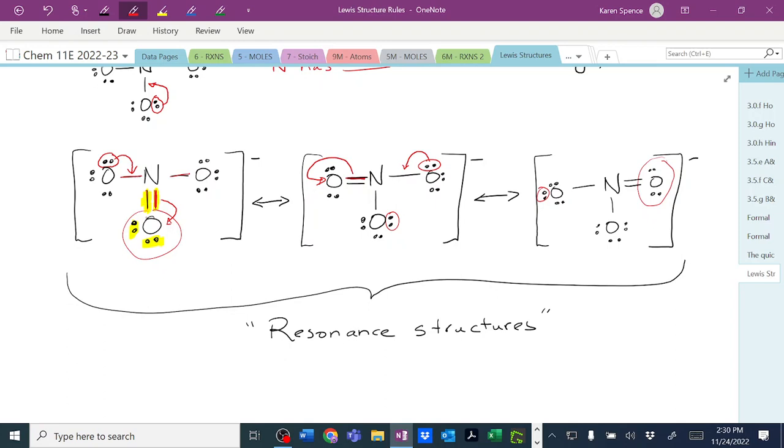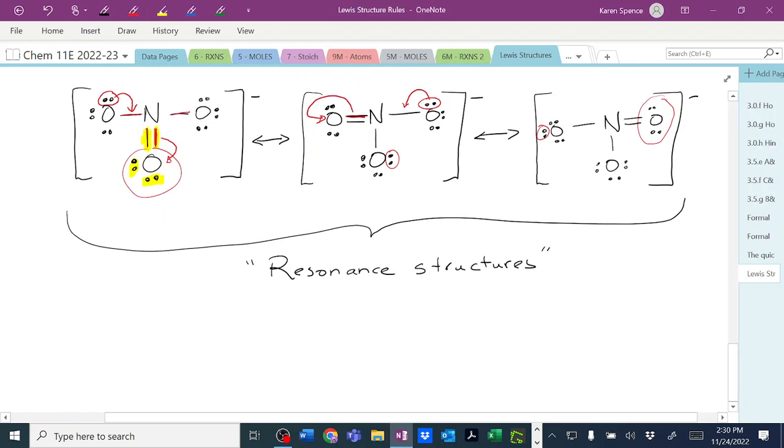Okay? So if you're asked to draw resonance structures, we pretend that it's distinctly structure A and then distinctly structure B and then distinctly structure C. But what's really happening is we have N and a semi-bond here, and we have N and a semi-bond here, and we have N and a semi-bond here.